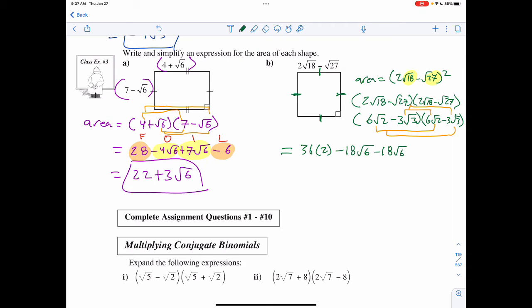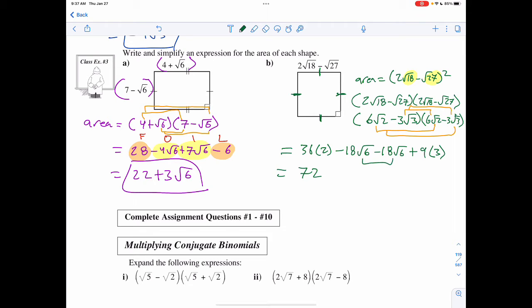And then 3 root 3 times 3 root 3, well, the negative and negative makes it positive. 3 times 3 is 9. Sorry about that. When I multiply this out, I get 72.